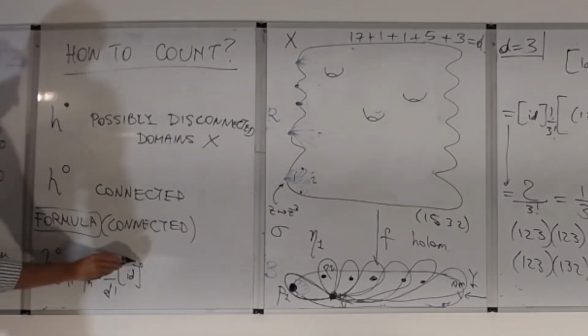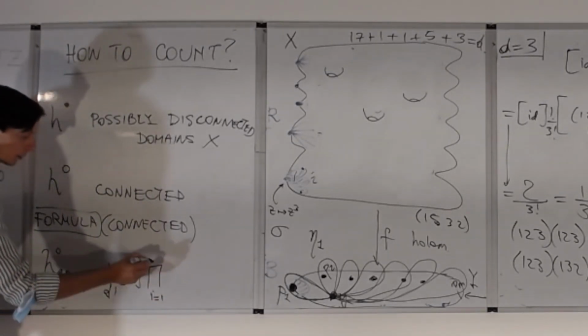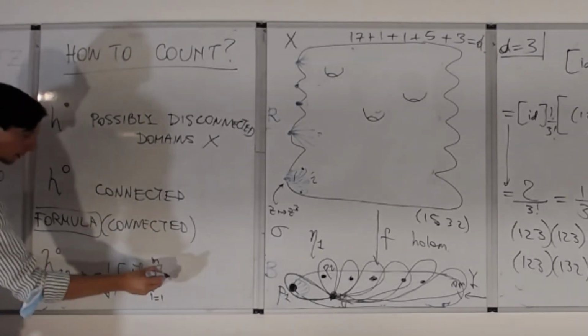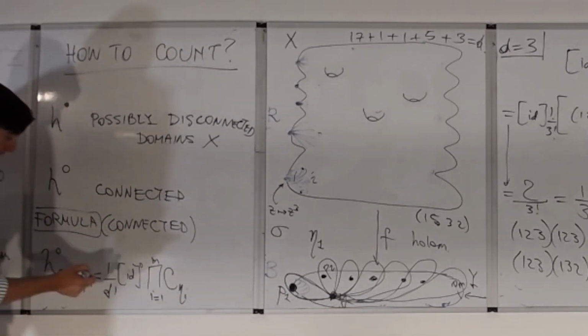But I put a bullet circle here. I need to explain what it is. And then you just take the product, 1 to m, c eta i, where this guy now, it's a little bit tricky.